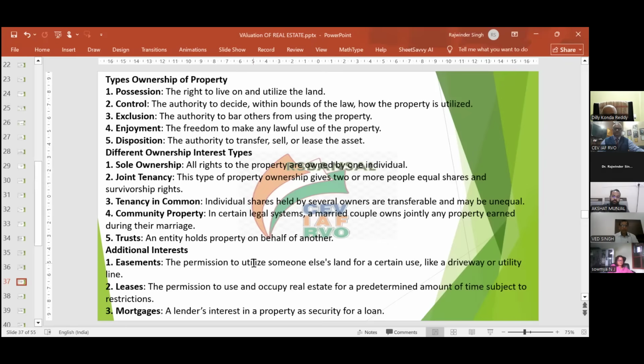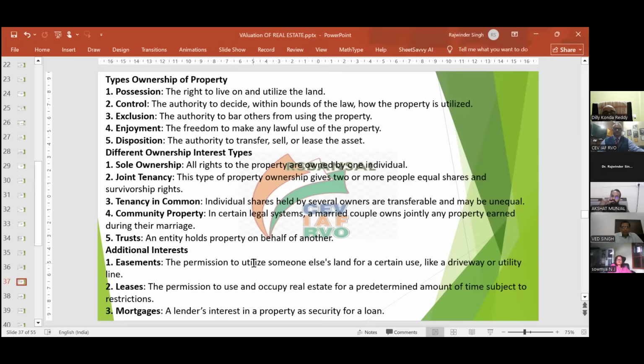Next are the different types of ownership. The first type is sole ownership. All rights of the property are owned by one individual. That is sole ownership. Then joint tenancy. This type of property ownership gives two or more people equal share and survivorship rights. That is joint ownership or joint tenancy.